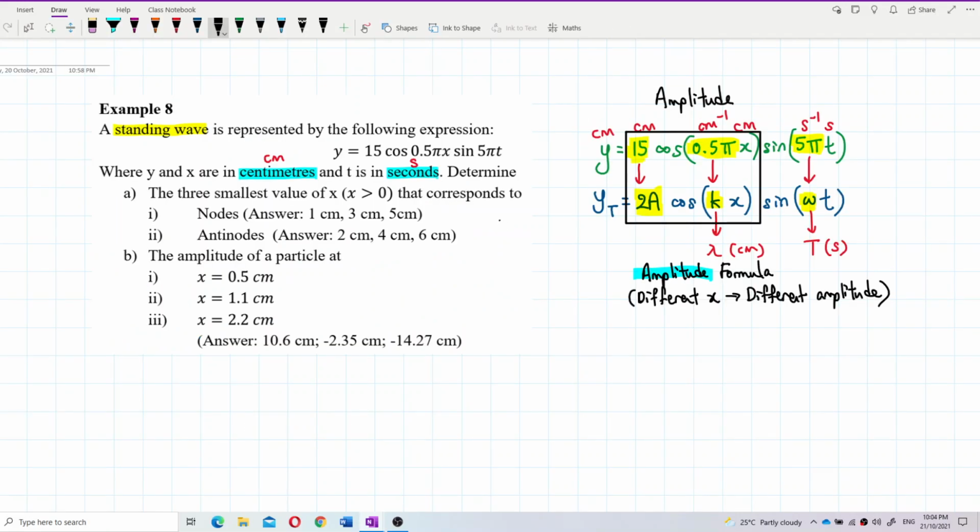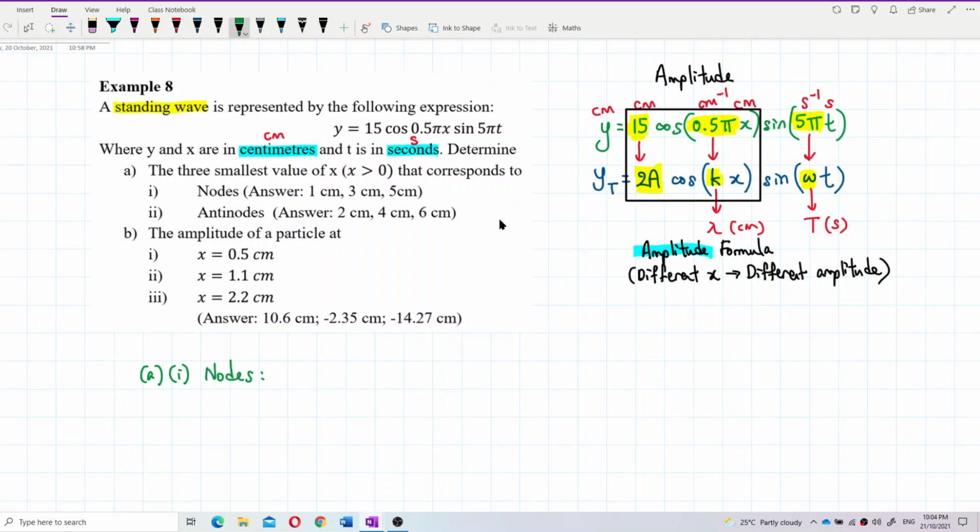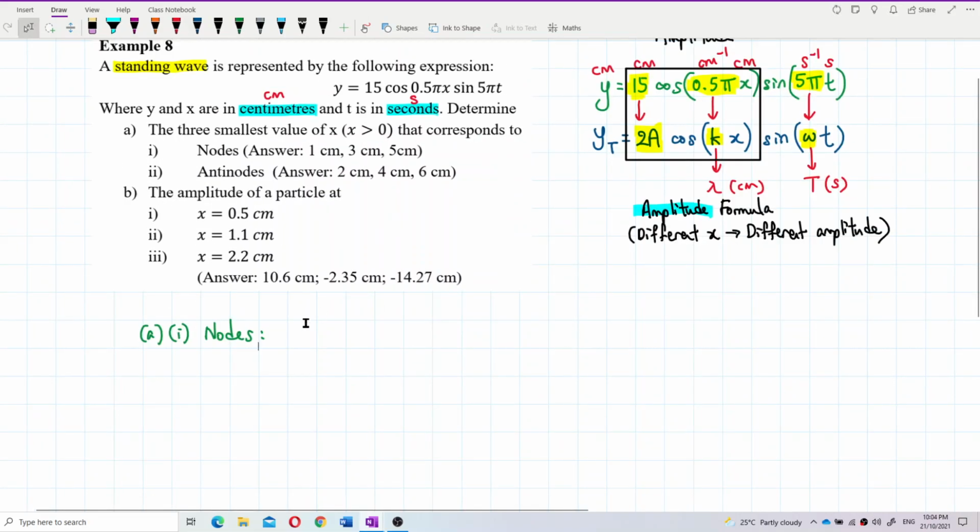Okay, so let us begin with a1. I want to find the position of nodes. For nodes, the amplitude is 0.